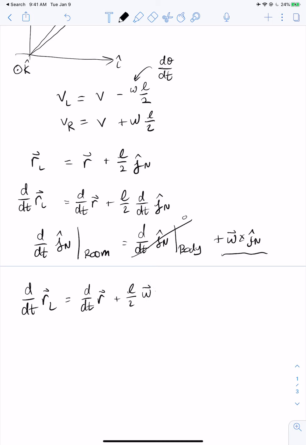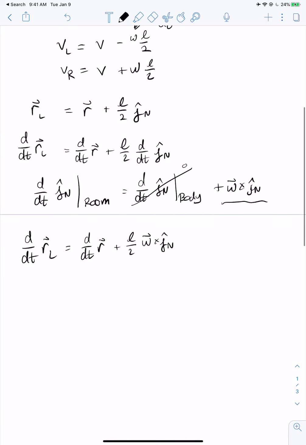Okay, omega cross j hat n. Okay, cool. So that's looking like we're making progress. Now the important thing to remember is what is omega as a vector? So remember, omega vector is decomposed into two things. One is a direction, which is the axis that the body's rotating around, and the other one is going to be a magnitude, which is sort of the angular speed.